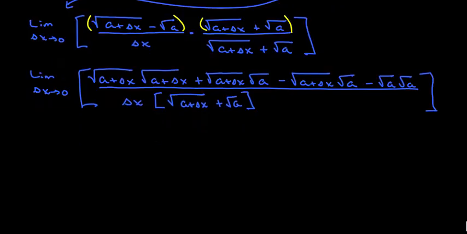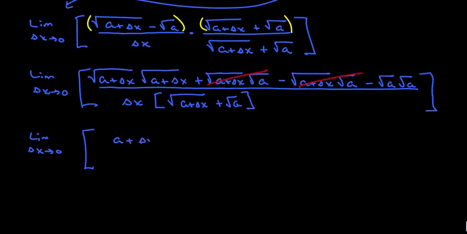Now, this guy right here and this guy right here are opposites of one another, so they're going to cancel out. And I have the square root times the square root, which is just that guy on the inside.